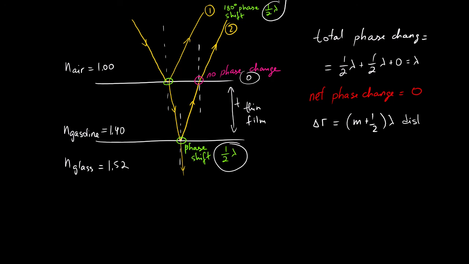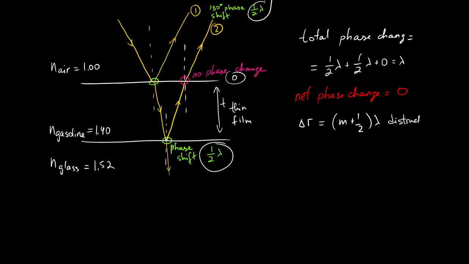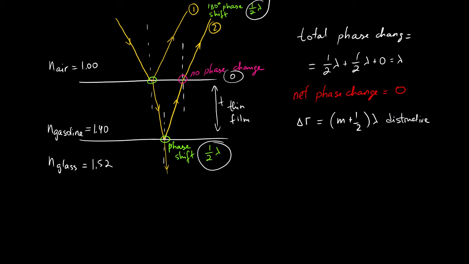Let's identify destructive, and this time my delta R is 2t only. It just goes one distance t and then 2t. By the way, this is an exaggerated picture, so it's the path length, because remember this is a very, very thin layer of gasoline. So 2t equals (m plus 1/2) lambda. So in fact we want to just write 2t plus 0 phase change.